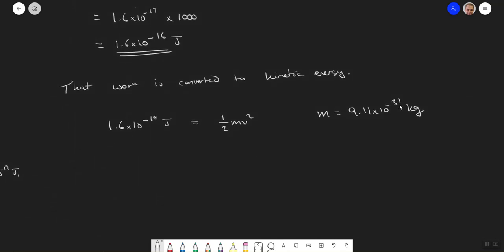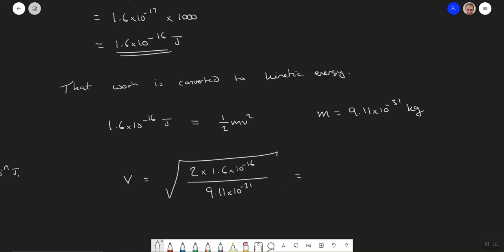So we do a bit of rearranging. Oh, I don't know why I put 10 to the minus 19; it's 10 to the minus 16. Okay, and so we can rearrange that to be that v is going to equal the square root of 2 times 1.6 times 10 to the minus 16 all over the mass, which is 9.11 times 10 to the minus 31.